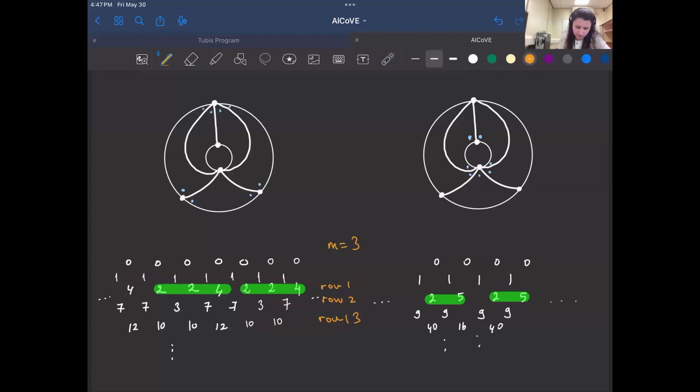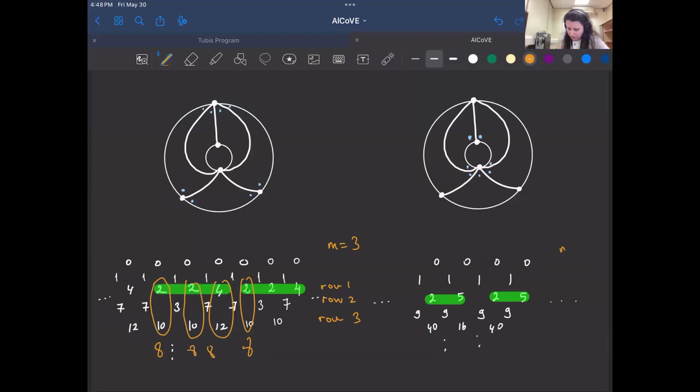So I'll look at the differences between row 3 and row 1. So 10 minus 2 is 8, 10 minus 2 is 8, 12 minus 4 is 8, and so on. So here we have the growth coefficient, or simply let's call it growth, 8.